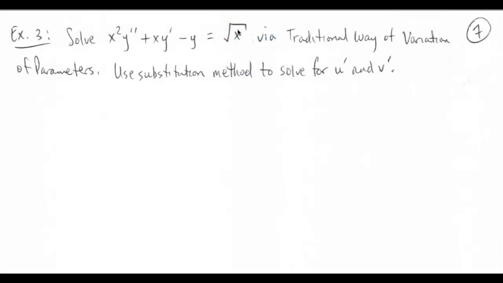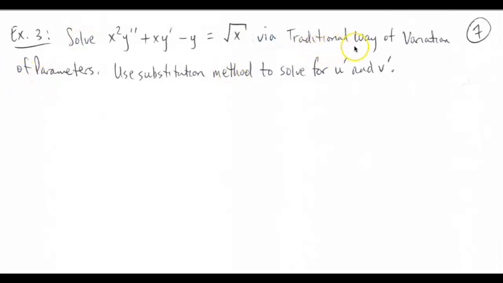So my point is that these work for traditional linear ordinary differential equations where the coefficients are all constants, as well as for Cauchy-Eulers, where our coefficients aren't necessarily constants. All right, so let's look at this example.